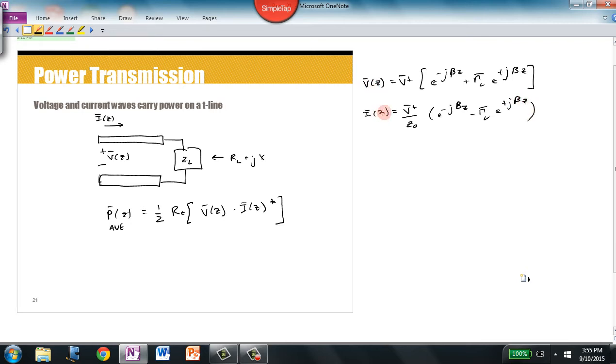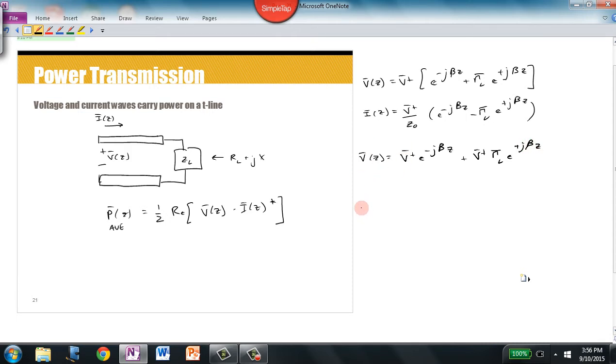So we've got voltage and current, and what we have to do is just plug those in here. Now the math here gets a little tricky, so to simplify the math, I'm going to do one more step for both these voltage and current expressions. And that is that I'm going to distribute the V bar plus into the parentheses. So we get V bar plus e to the minus j beta z plus V bar plus reflection coefficient at the load, e to the plus j beta z.